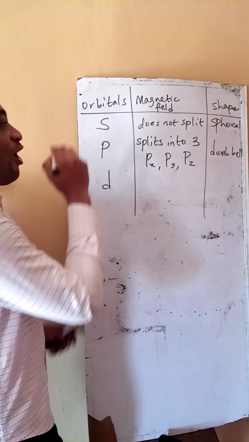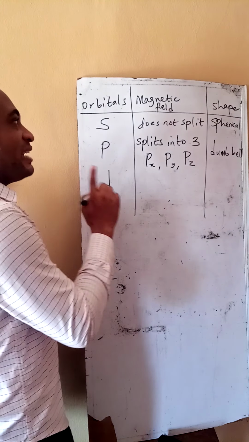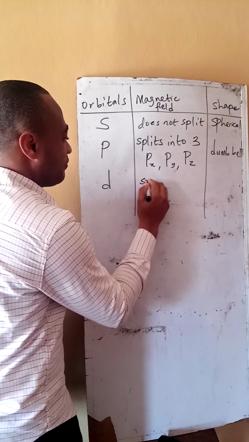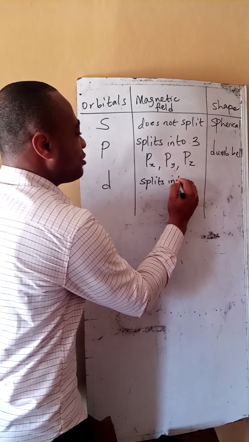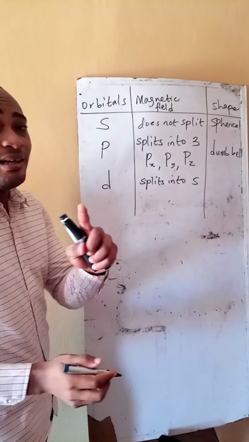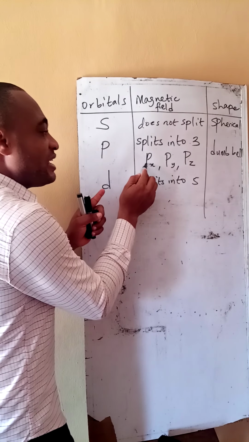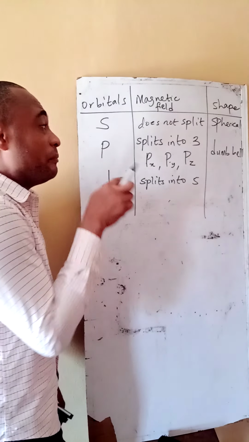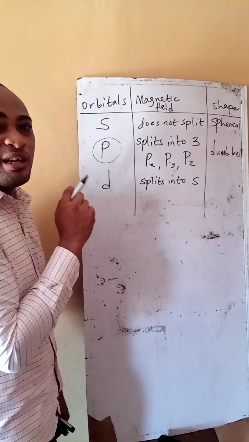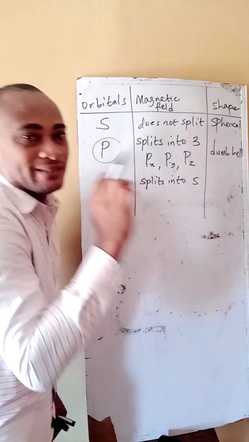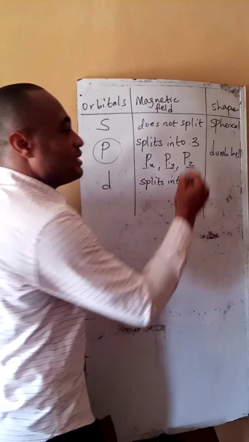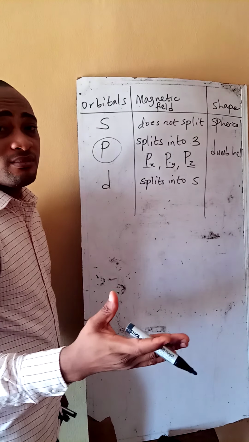Now for my D orbital. If I place my D orbital in a magnetic field, it will split into 5 orientations. And lest I forget, take note that PX, PY, and PZ, because they all emanated from a P orbital, will have equal energy. The energy level of PX, PY, and PZ will be the same.